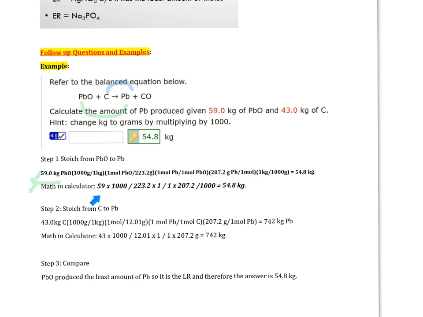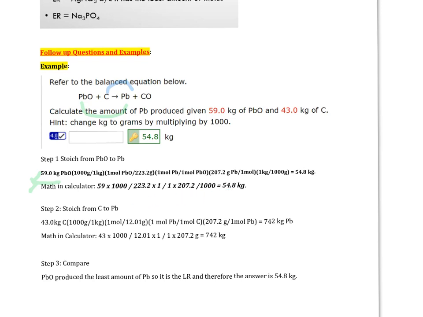So my calculator is 59 times 1,000 divided by 223.2 times 1 divided by 1 times 207.2 divided by 1,000, which equals that. If you figured out that we could leave out those thousands, and what we started in kilograms would end in kilograms, that's fine. So the PbO produces 54.8 kilograms of the lead.